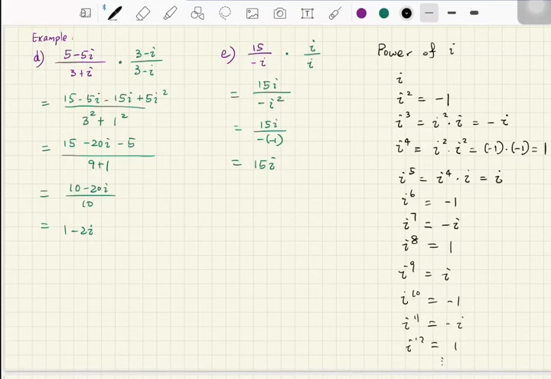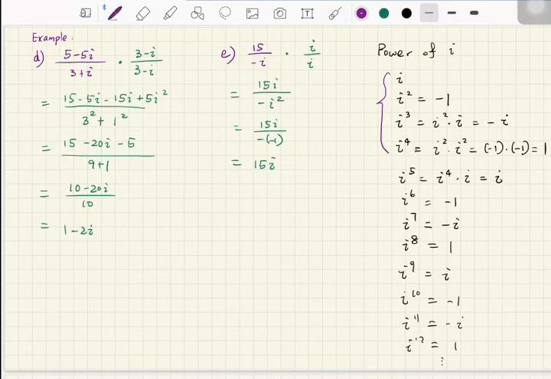So you can see that every time the power of i reaches a multiple of 4, it always returns to 1. That's the power of i.